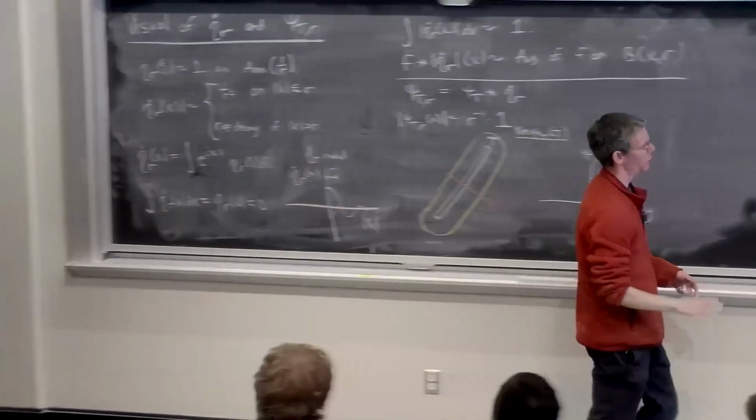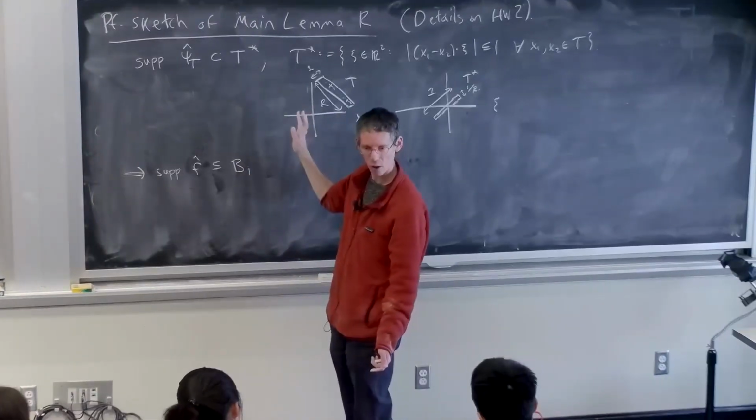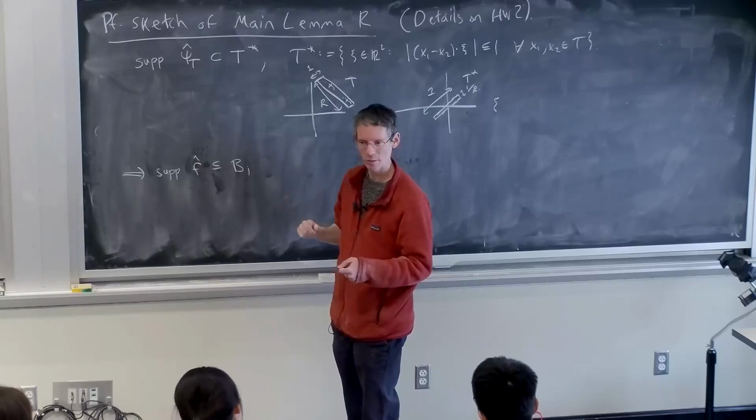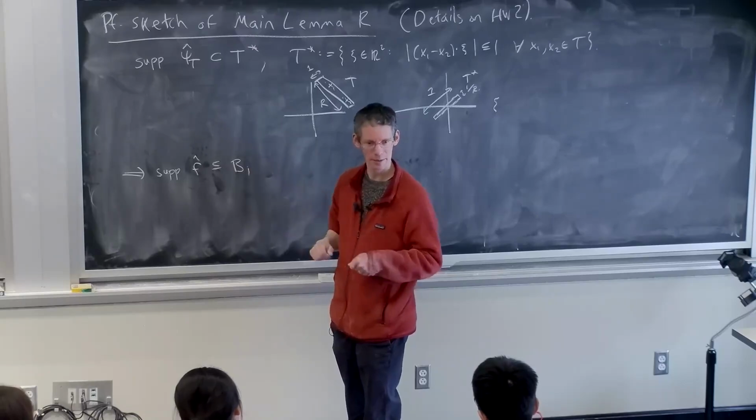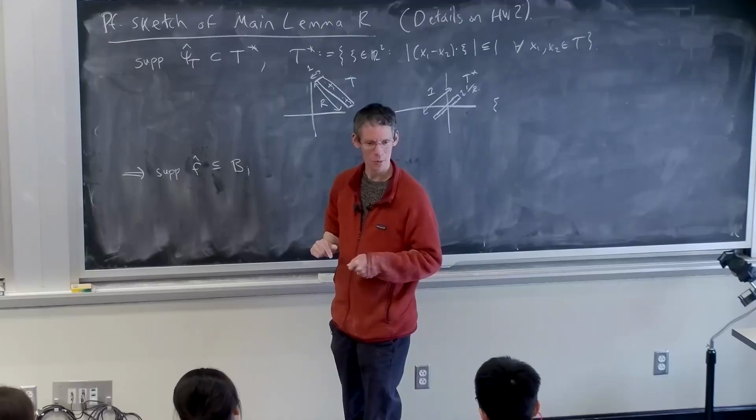So this first statement is exactly the same as that, except that we have a tube instead of a ball. Having a tube instead of a ball makes it a little bit more writing or thinking involved, but it's the same idea. And the details will be on the homework.